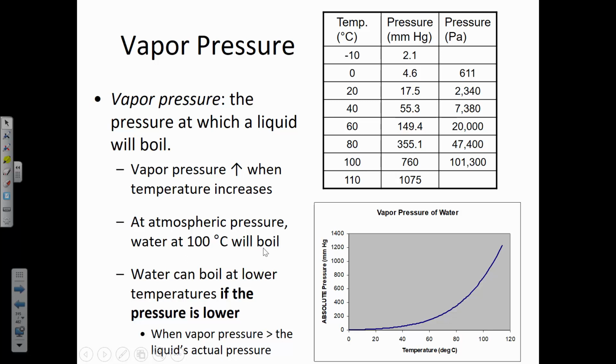And I guess the important thing to identify is what this word boil means. Boil is just talking about a liquid going into the vapor phase. And we usually associate boiling water with hot water, but it's not necessarily that it's hot. It's just that it's going into the vapor phase.